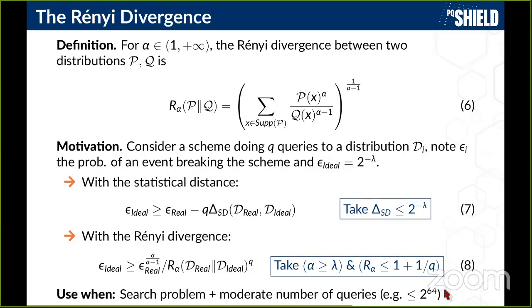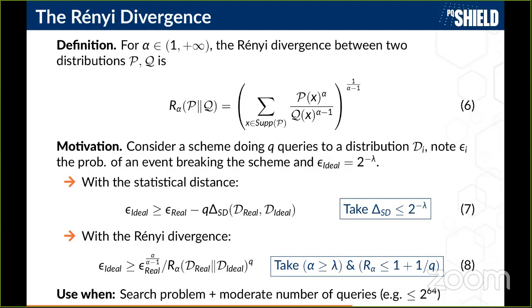So what's going on is that whenever you have a search problem and a moderate number of queries, then it makes sense to at least consider doing a security analysis with the Renyi divergence, because it might give you better security claims, in the sense that you will be able to claim the same security, but for weaker parameters.